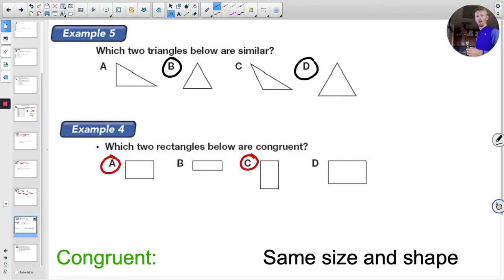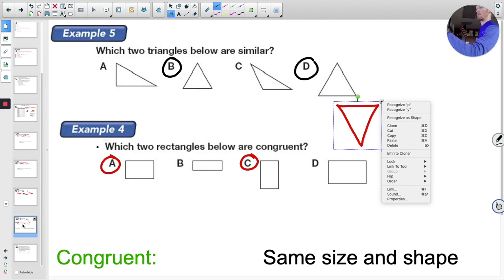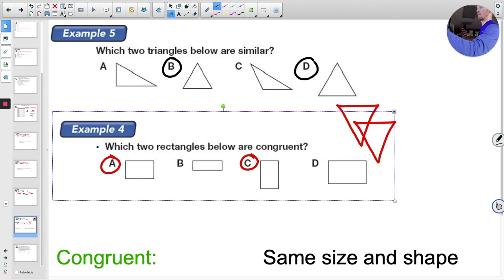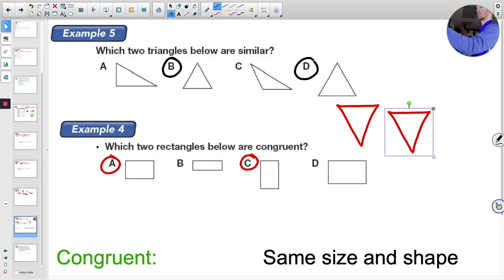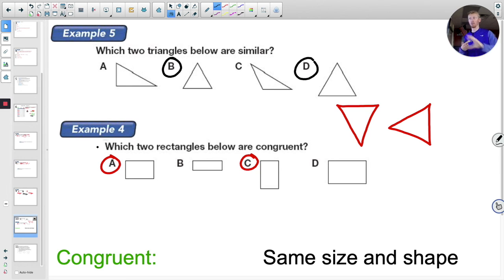It doesn't matter how it's oriented. So if I have a triangle like this, that's the same size. Oops, same size and same shape as this one. Those two are still congruent. Same size, same shape. They're just arranged differently, which is fine.